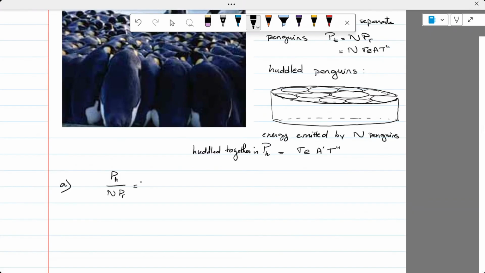So I'll just substitute the formulas that I have written here, and you can see how we just need the ratios of the areas because everything else is going to cancel out. So what remains is to just find the ratio of the areas.